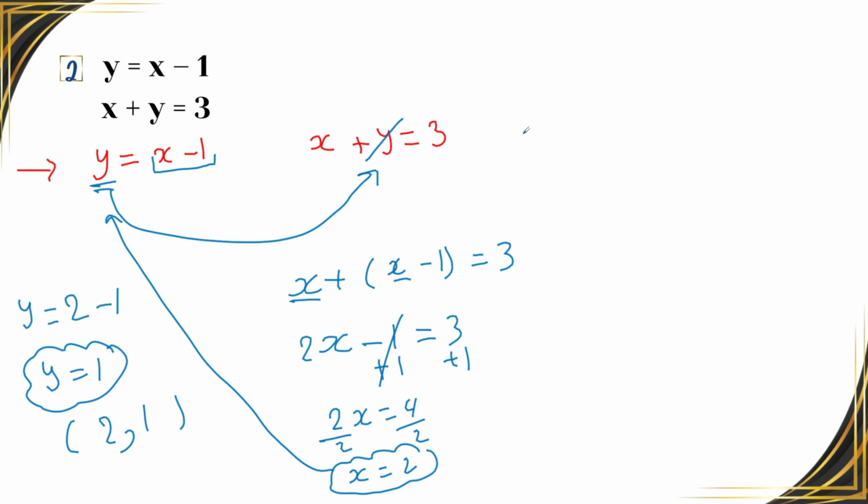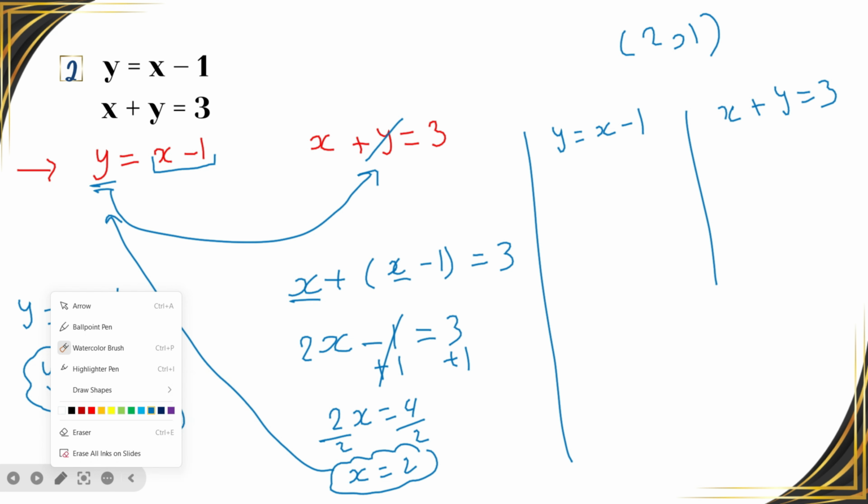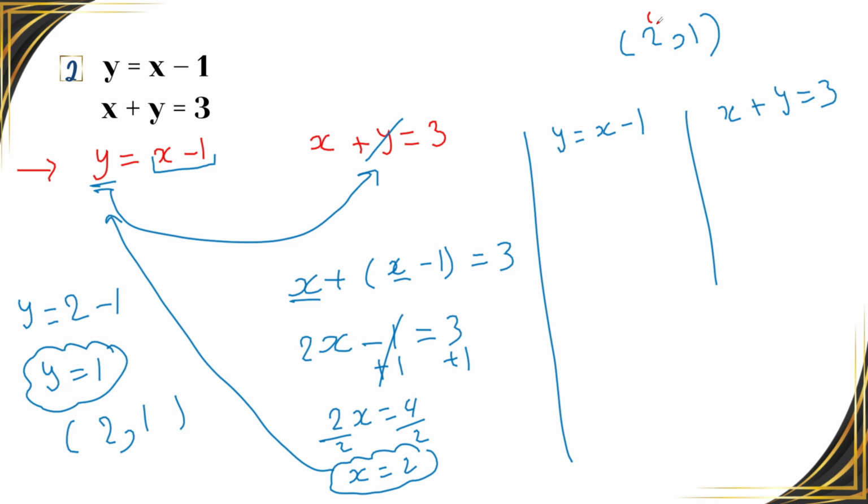Okay, if you want to check your answer, you can substitute in each equation. This is the first one, this is the second one. 2 and 1. Okay, let's check. Replace x with 2 and y with 1. Y here is 1 and this x is 2.